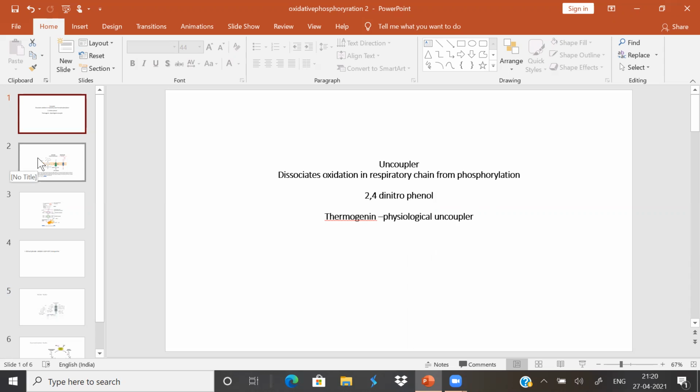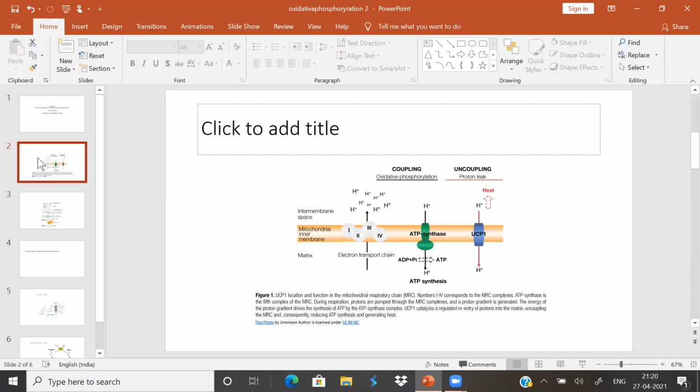Now what is the mechanism of this uncoupler? Normally, the inner mitochondrial membrane is impermeable to the proton. That means the proton is translocated from the matrix to the intermembranous space, and that produces the proton gradient, and this proton gradient helps ATP synthesis, as we know.